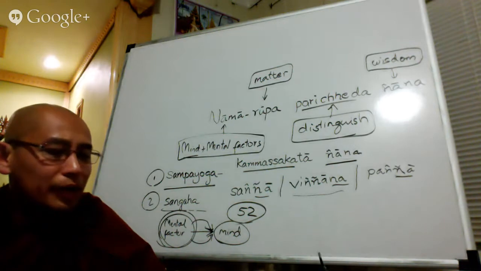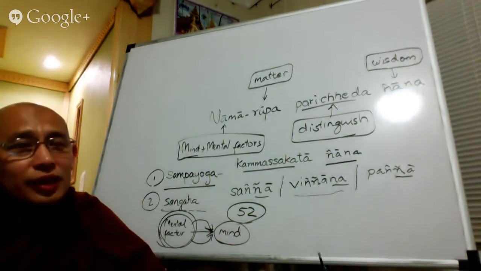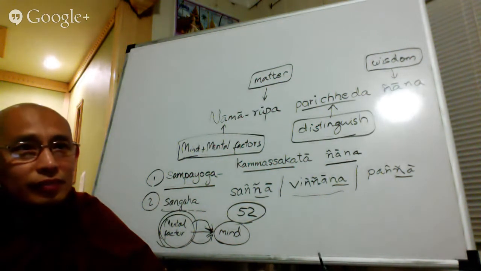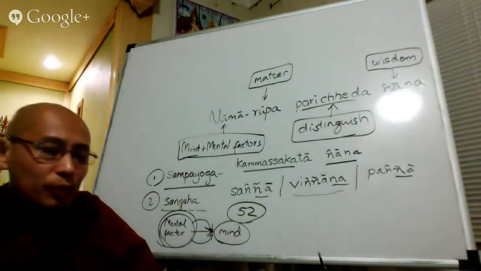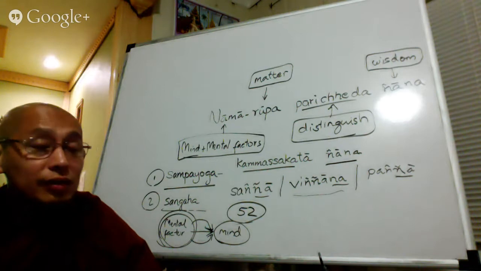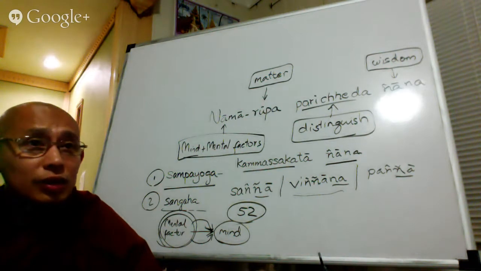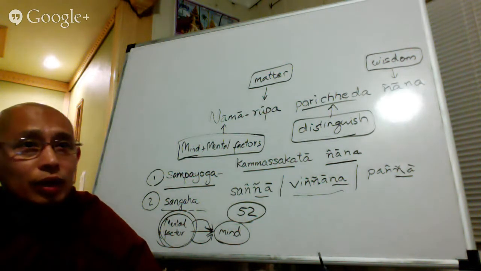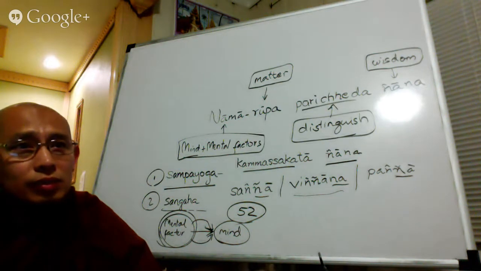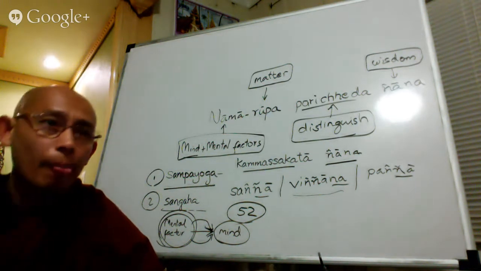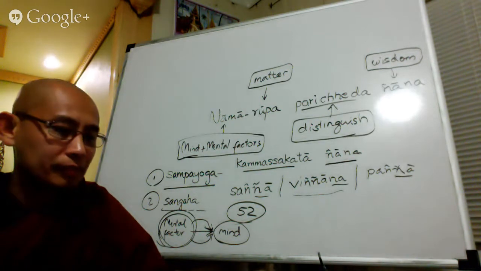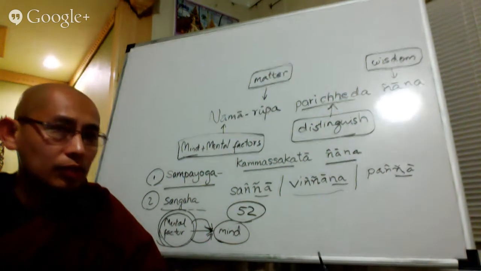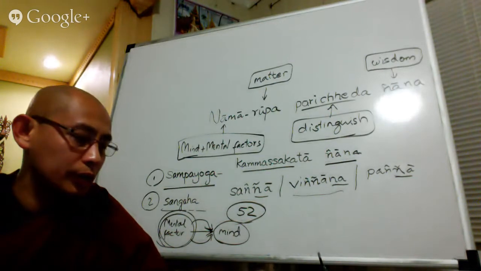Without initial application, we cannot take the object to perform the unwholesome deed, any kind of unwholesome deed, bodily action, verbal action, whatever. So all 12 akusala, unwholesome mind, are associated with the Vitaka.